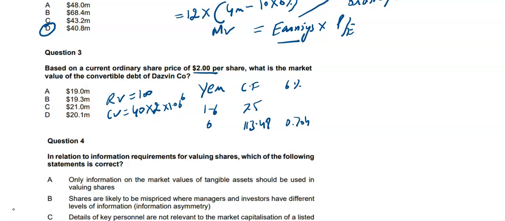The annuity factor is 4.917, times 7.5, which equals 36.88.